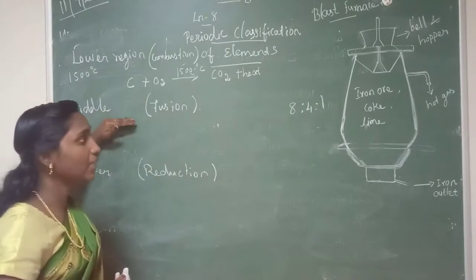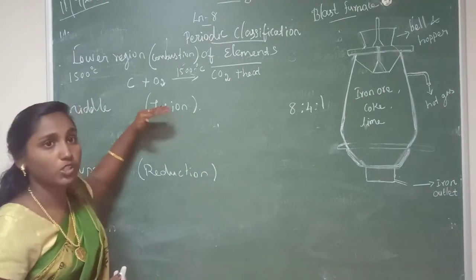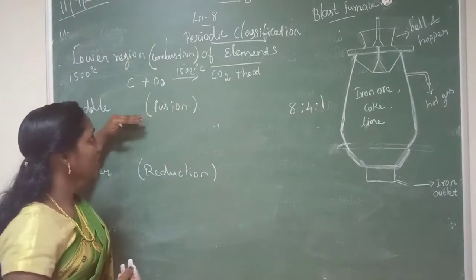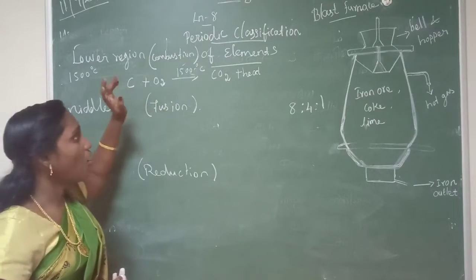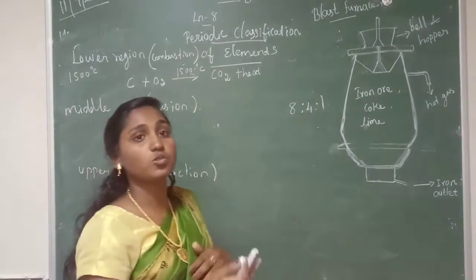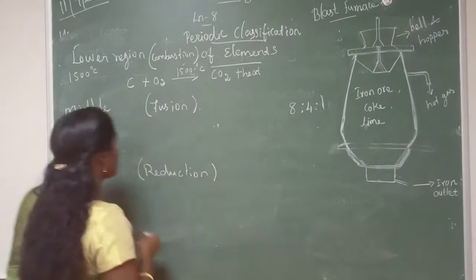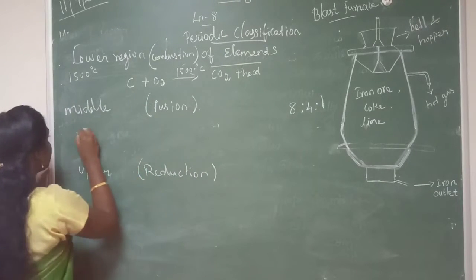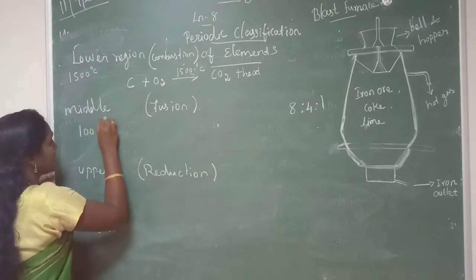Then the second one, the middle region, that is the fusion zone. In this middle region, the carbon dioxide is reduced to carbon monoxide. Here the temperature is 1000 degrees Celsius.